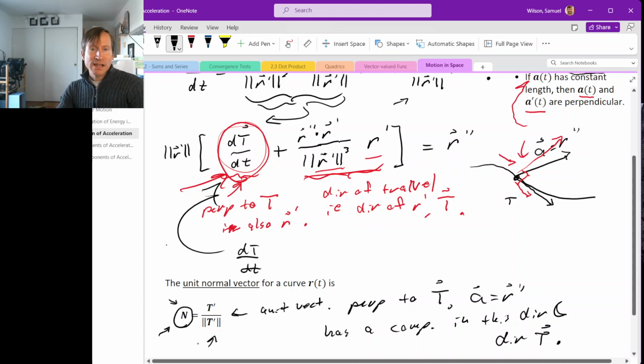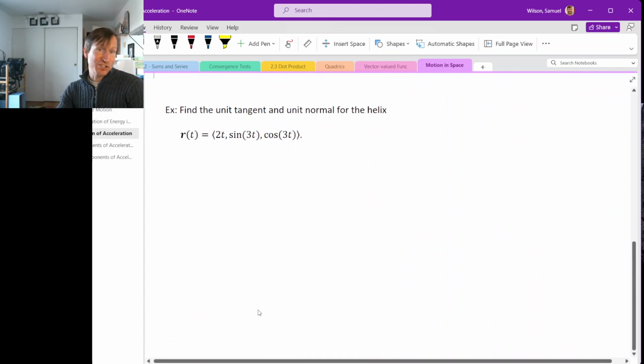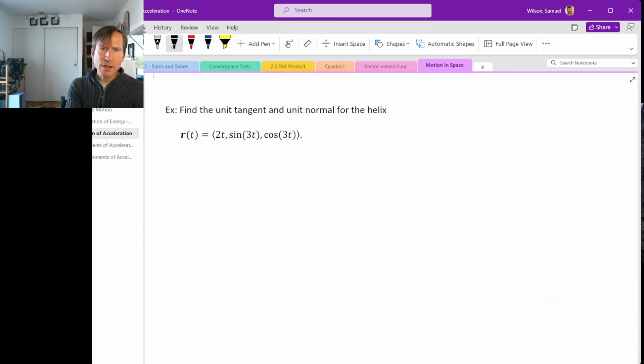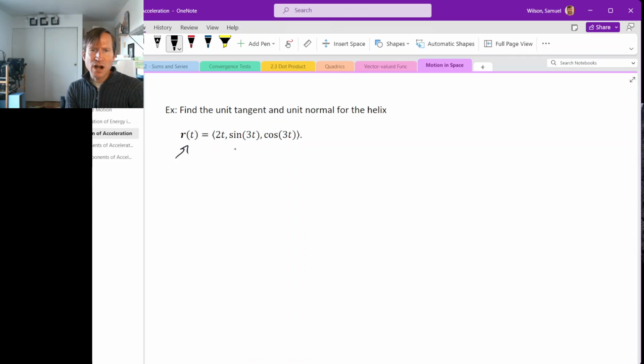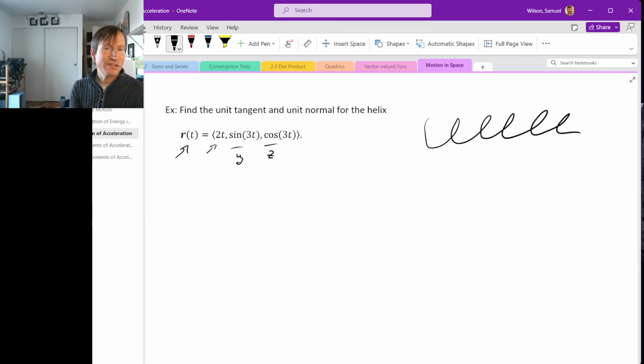Just to get a hang of this thing, let's actually calculate one. So let's find the unit tangent vector and the unit normal vector for this particular curve. This happens to be a helix, because our sine and cosine are in the y and the z direction, and our x component is increasing linearly, this is a helix that's sort of wandering off to the right rather than one that's going upwards.